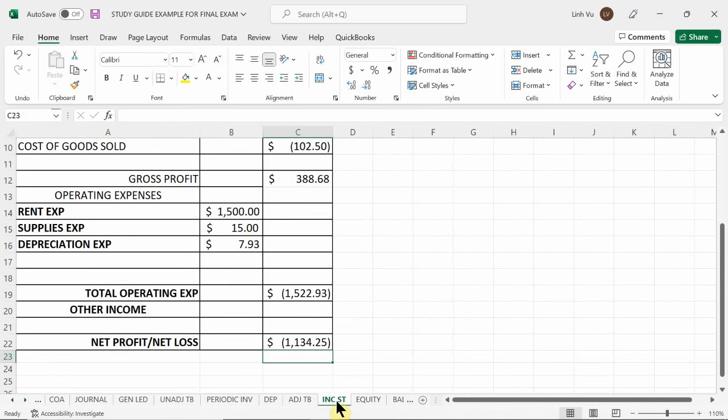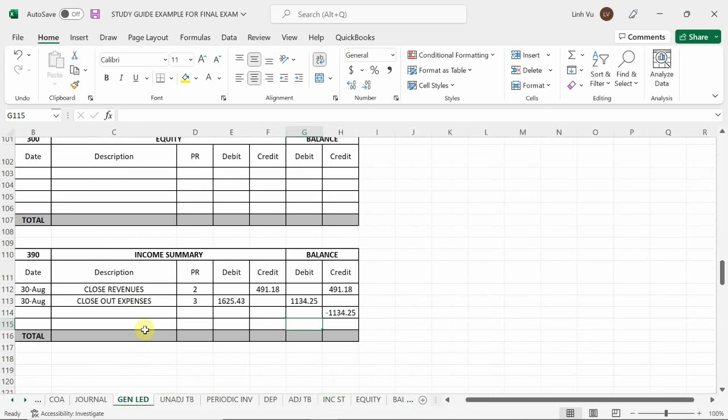And where do I see this number? In your income statement. So therefore, what do I need to lastly do? I need to close out my income summary too. To itself. Why would you close it out to itself?